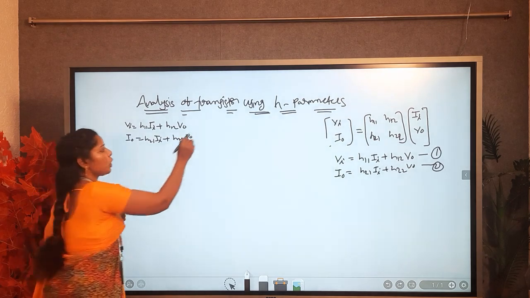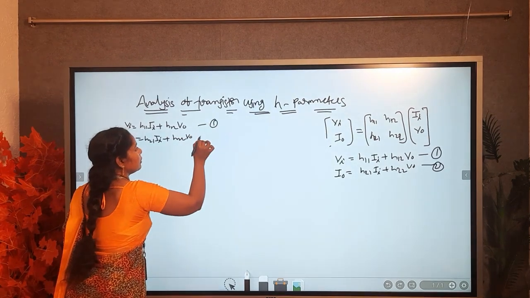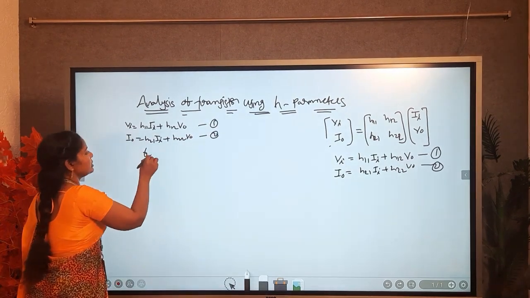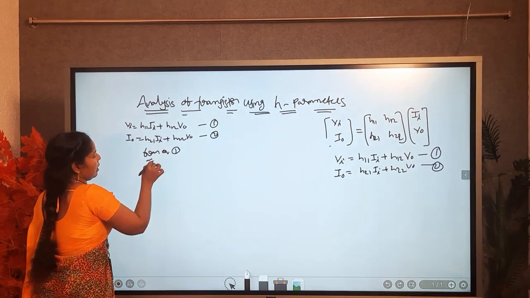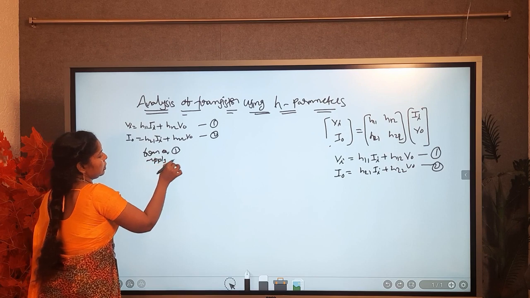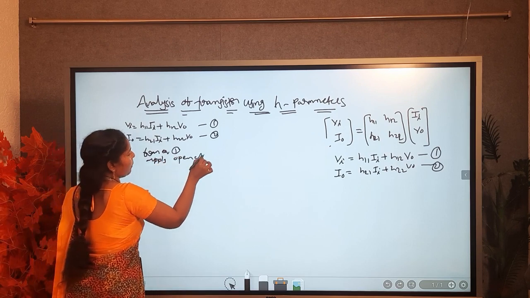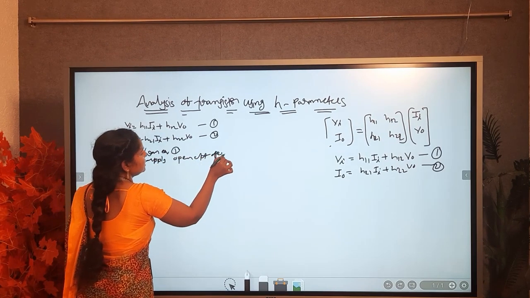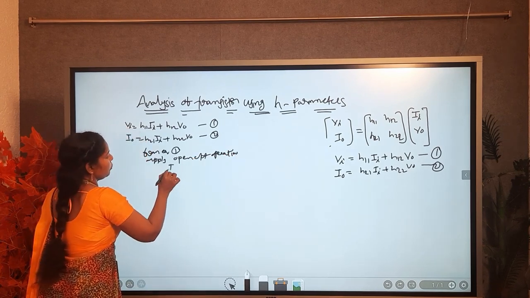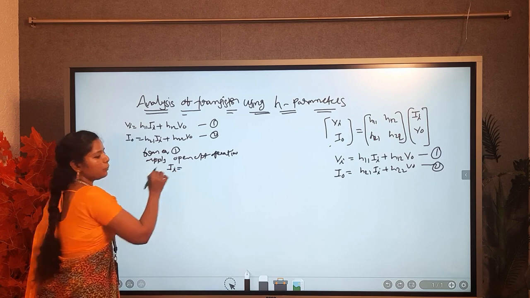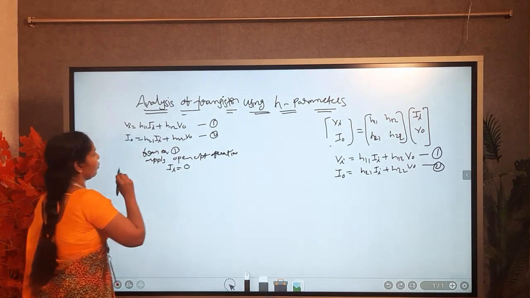Apply the open circuit operation from equation 1. Applying open circuit operation means put II, that is input current, equals to 0.